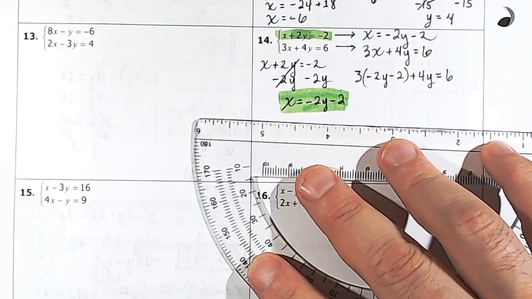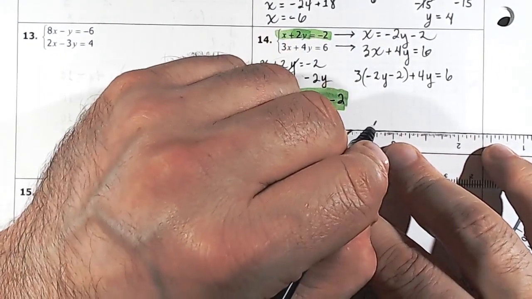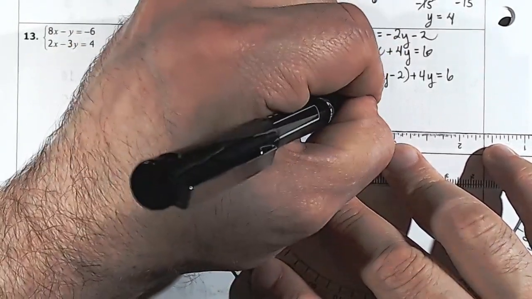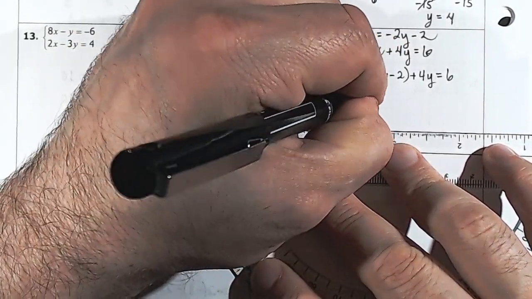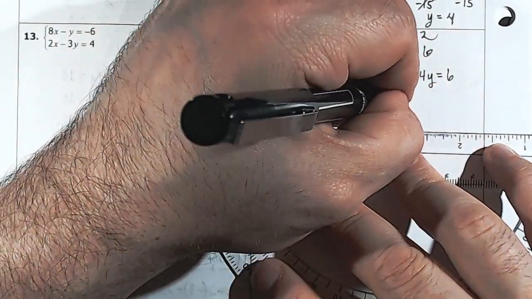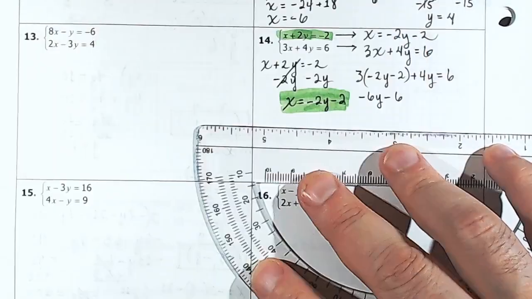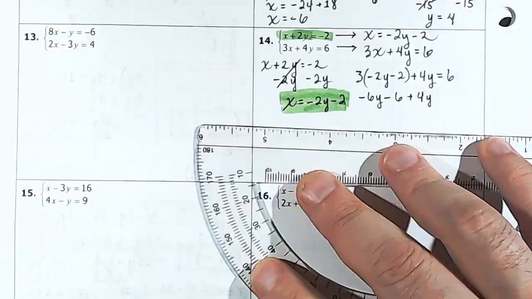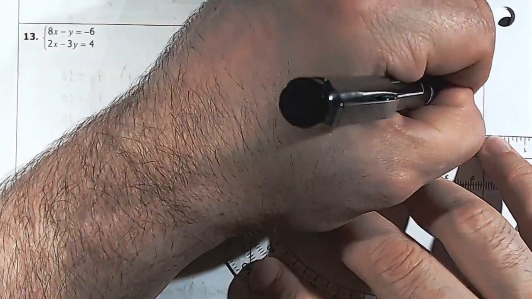All right, try to solve from here. I bet you could do it. So let's distribute this 3. 3 times negative 2y is negative 6y. 3 times negative 2 is negative 6. Bring down the plus 4y equals 6.